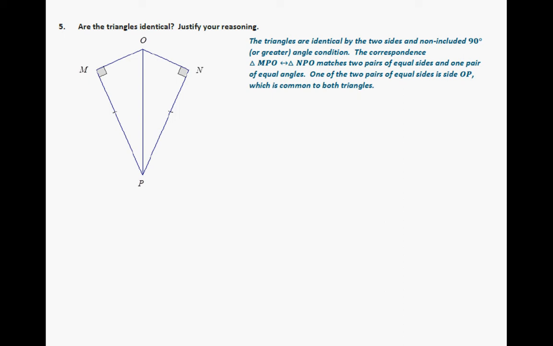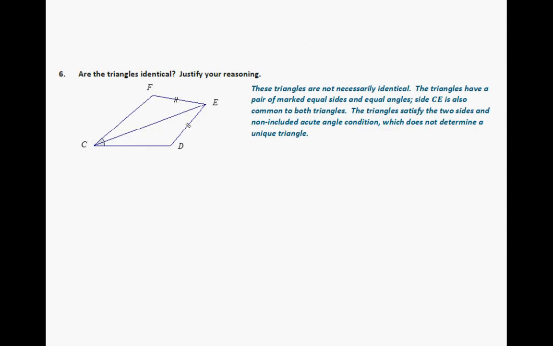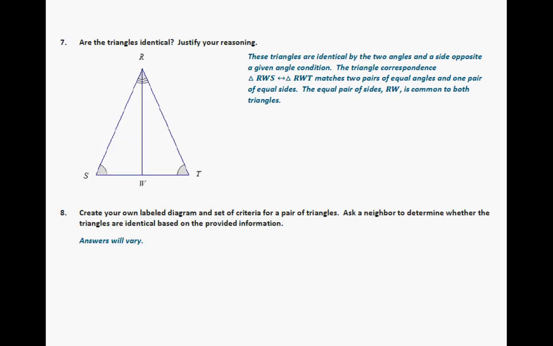Alright, you should be done with exercise 6. Here is the answer. Check it and then proceed to exercise 7. Alright, you should be done with exercise 7. And here is the answer. For exercise 8, you need to create your own labeled diagram, which you will share in class.